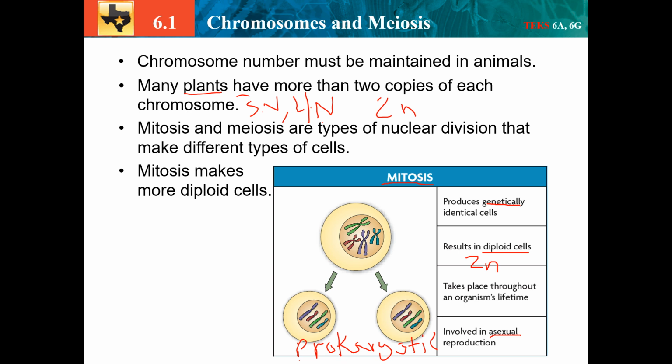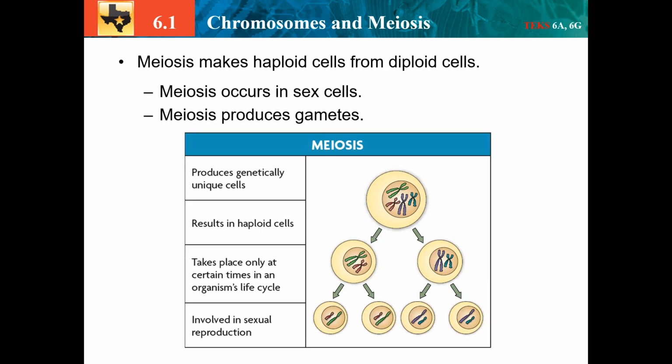Whenever a bacteria cell wants to divide, it just undergoes mitosis, where it makes genetically identical cells. So again, mitosis makes more cells identical to the parent. Whereas meiosis makes haploid cells from diploid cells.